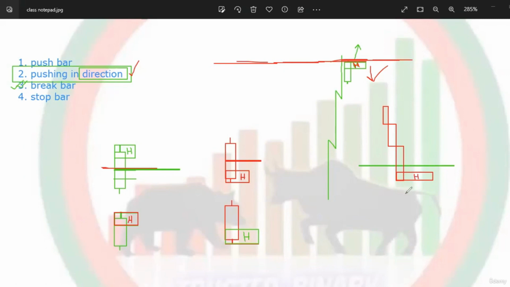And when the power of control is in the buyer's hand, volume high, buyer's volume high, then we must check the market stage, the market condition, that means ranging, trendy, sideways. If trendy, is it the last stage of the market? Is there any extreme buyer's entry point area below? Based on that situation, we have to take a decision. Okay, now I think push bar, pushing in direction, break bar, stop bar, all clear or not?